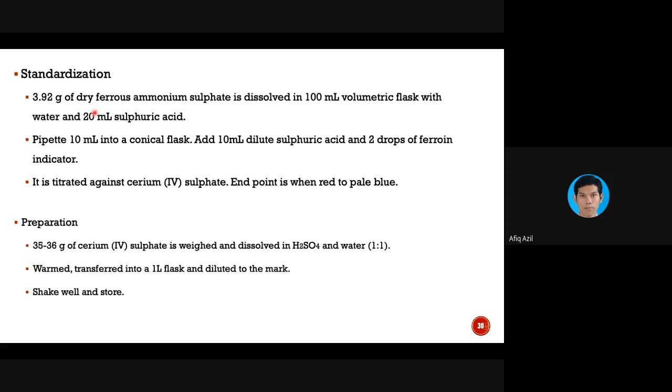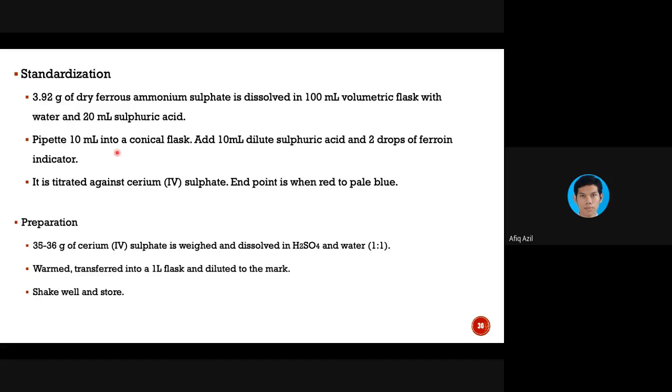The standardization is normally done with the dry ferrous ammonium sulfate, so this has to be prepared first. It requires 3.92 grams, dissolved in 100 ml of volumetric flask, and you also add 20 ml of sulfuric acid, H2SO4.